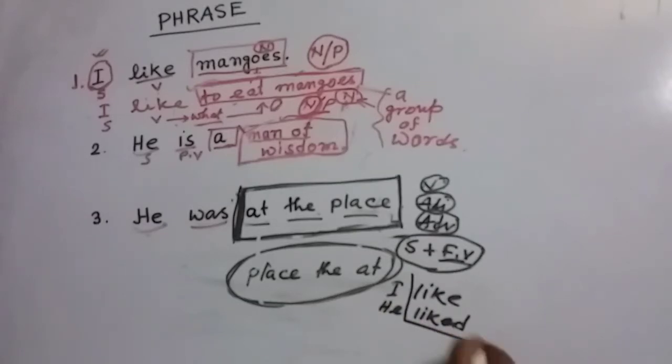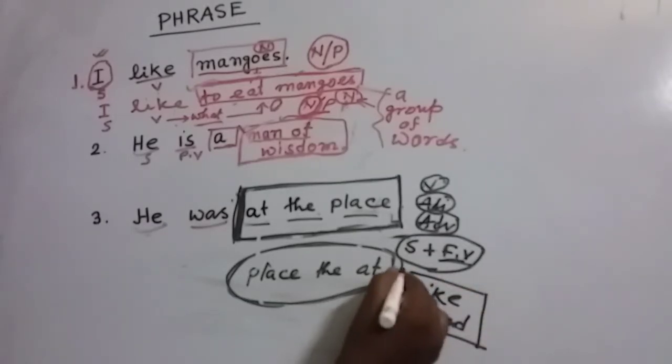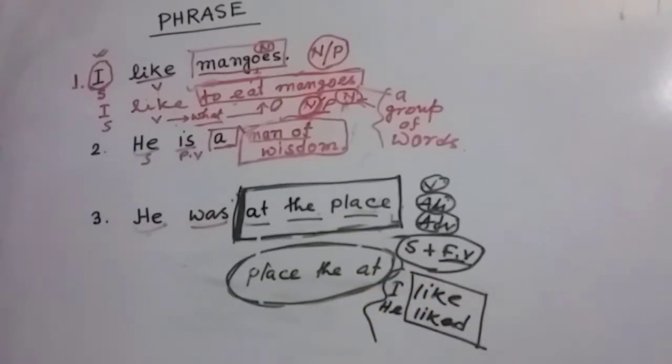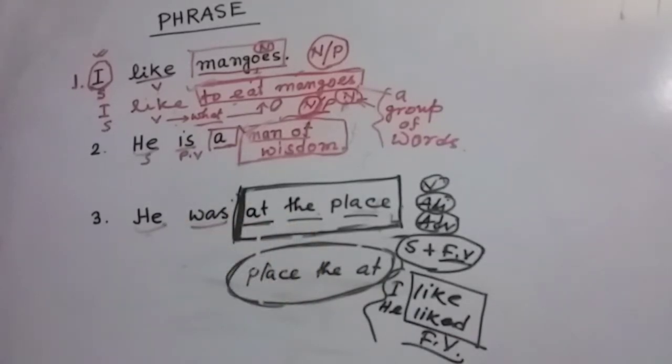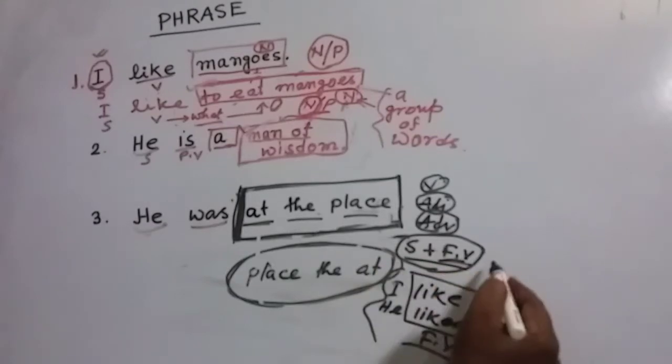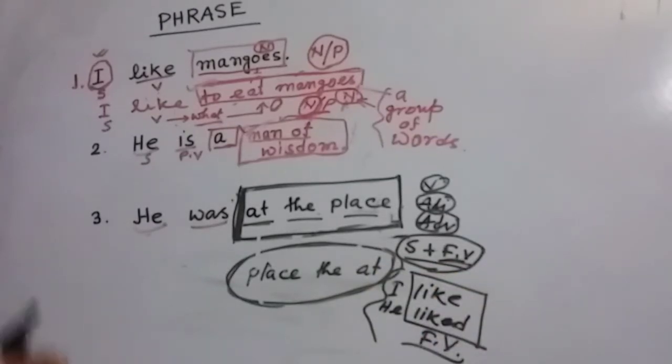So these words change according to the agreement or the time or the tense. That's why these are called finite verbs. So there must not be any kind of subject and there must not be any kind of finite verb. So this is the fourth condition of a phrase.